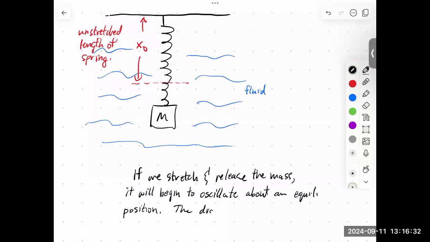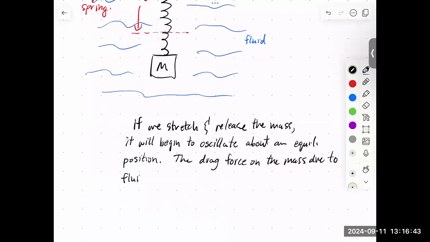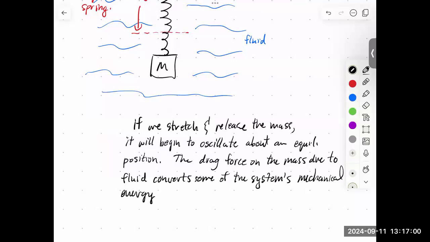The drag force on the mass due to the fluid converts some of the system's mechanical energy into heat.